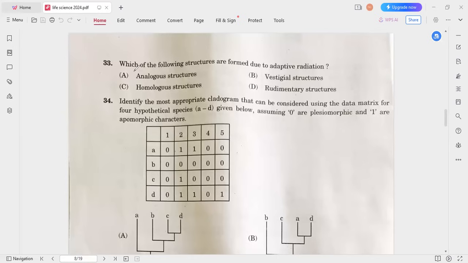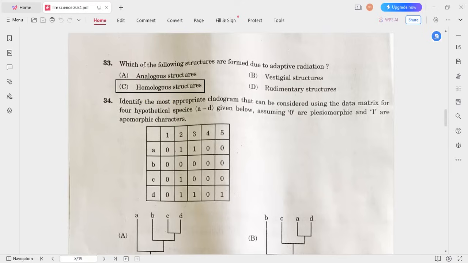So here adaptive radiation is the phenomenon by which a single ancestral group of organisms diversify rapidly, resulting in the development of homologous structures. So the answer for question number 33 is option C, homologous structures.